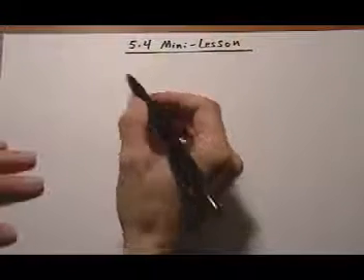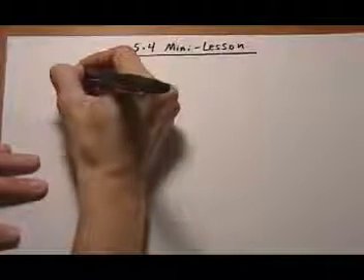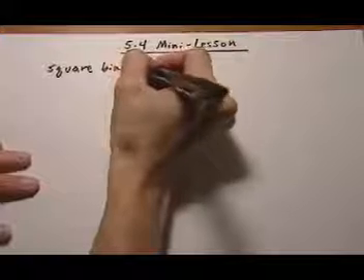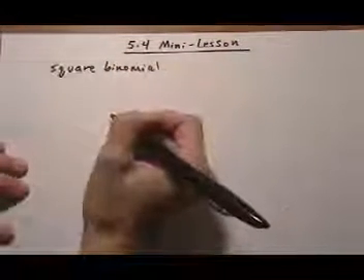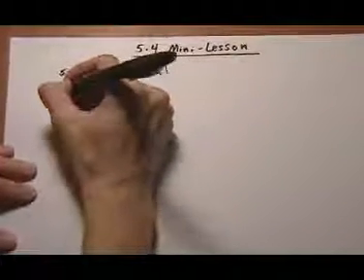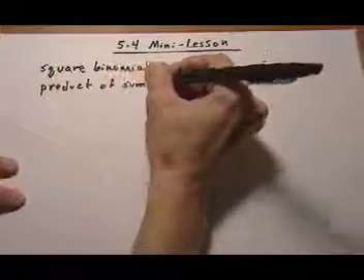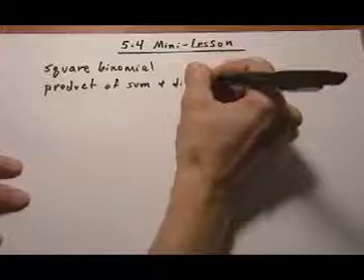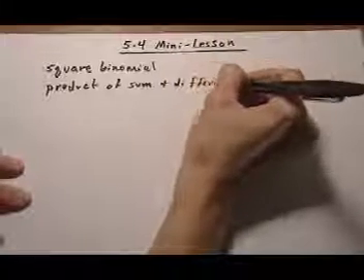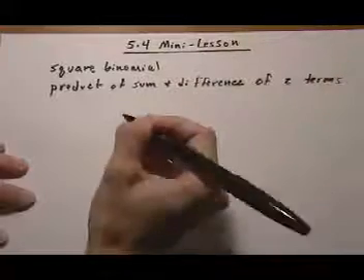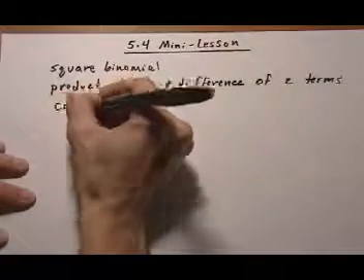We want to look at squaring a binomial, we want to look at the product of a sum and difference of two terms, and we also want to look at how do you cube a binomial.